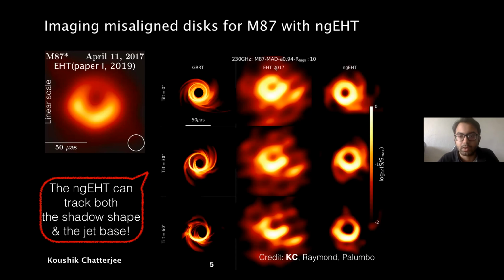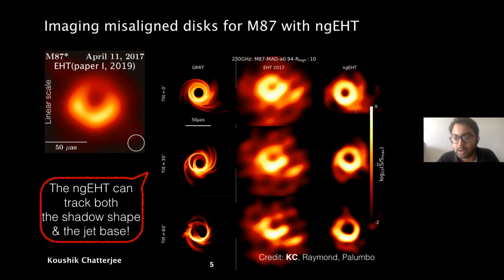What you see is that in the ngEHT images, at least in the log scale, the images look pretty similar, but not too similar. More or less, all of them show this southern bright crescent, but the extended emission is not at all constrained, which we are able to see far better with the ngEHT configuration.